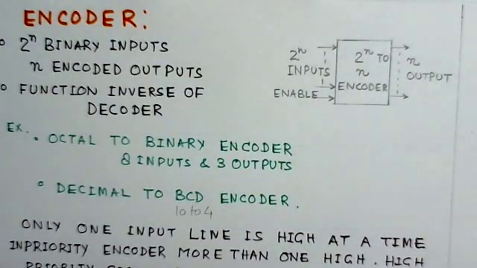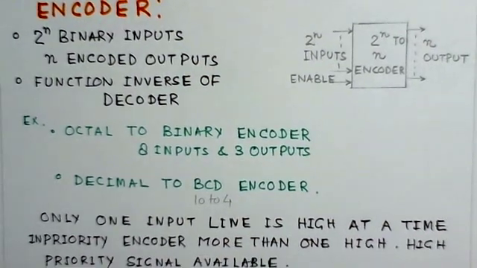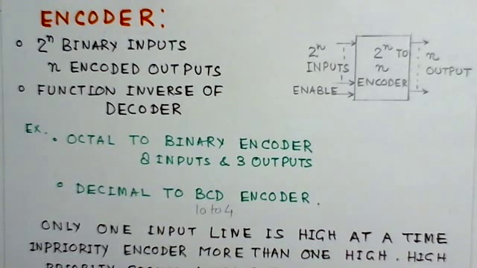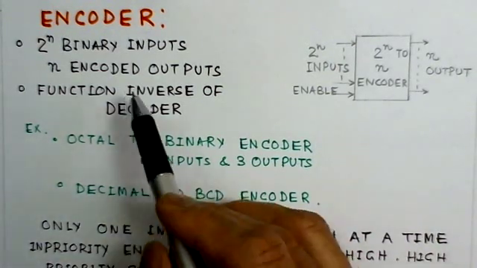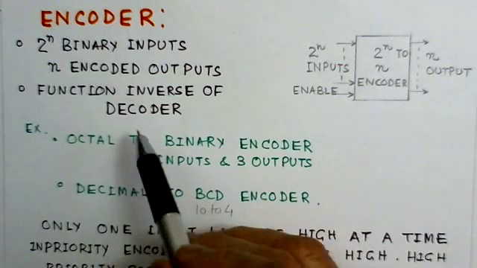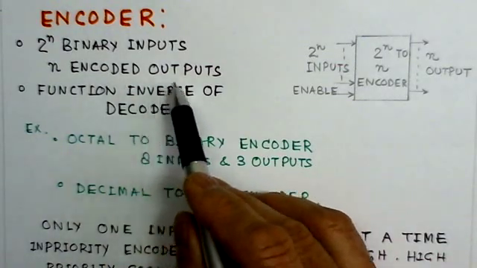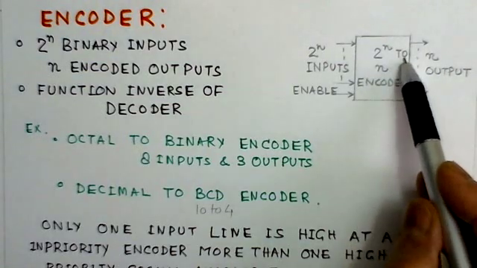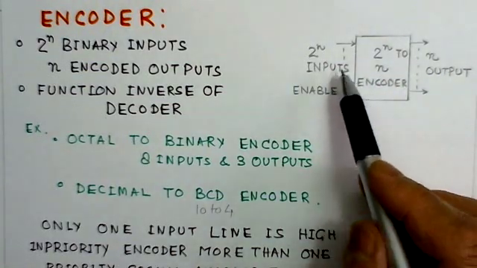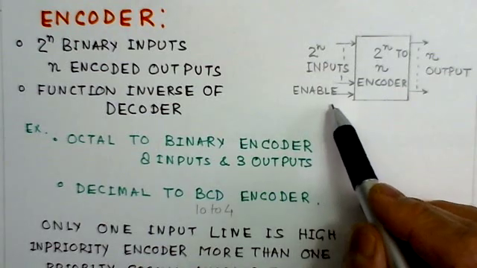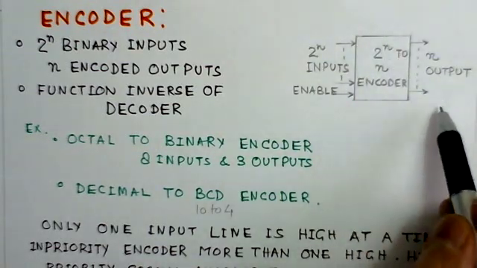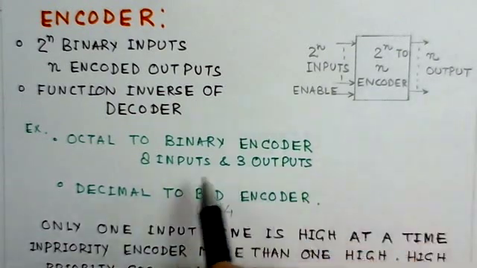The other function is the encoder. Again, it is like the inverse of the decoder. Here you take 2 to the power n binary inputs, and we get encoded outputs. It is a 2 to the power n to n encoder: 2 to the power n inputs, the enable input to the chip, and n outputs.